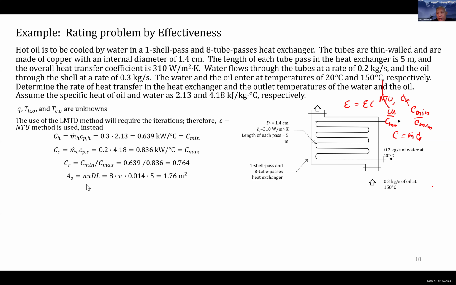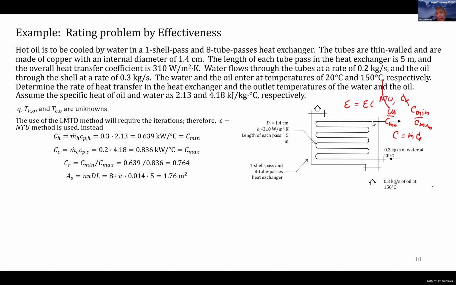And then, because you have to find the A, the surface area, the heat transfer area between the two fluids, and it's given by the problem itself. See, U is over here, but you need the A. And you already got the C min.